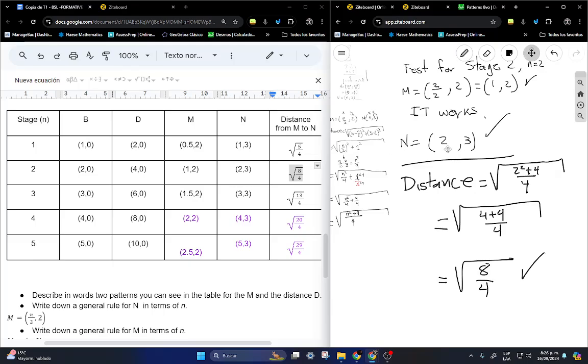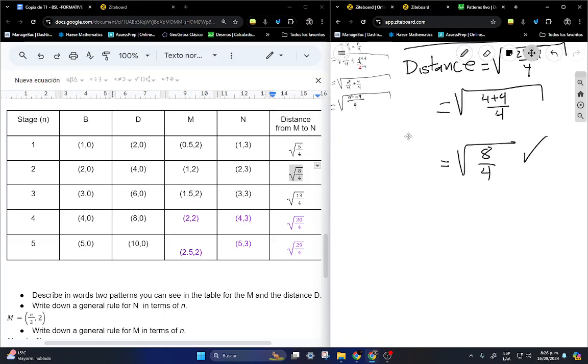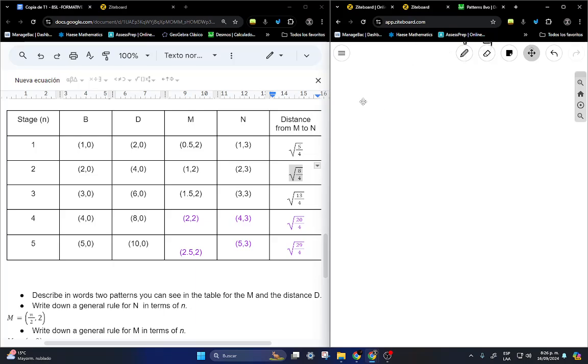Now, verify. Verify for position. For stage, we could verify for stages 4 or 5. So let's do it with stage 5.